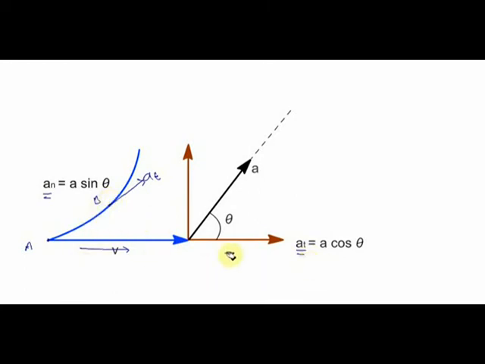And as the direction of AT is along the tangent, and the direction of AN is perpendicular to the tangent, AN and AT are perpendicular to each other, and this is the net acceleration of the object. So we can write that A is equal to AN plus AT, and if the vector A makes an angle theta with AT, then the value of AT would be A cos theta, and the value of AN would be A sin theta.